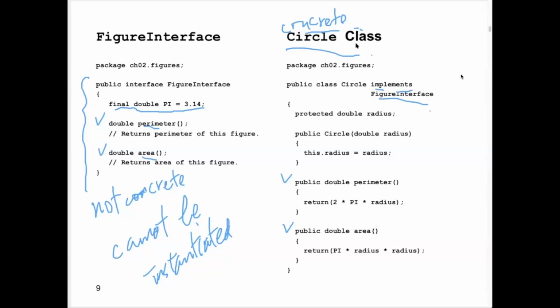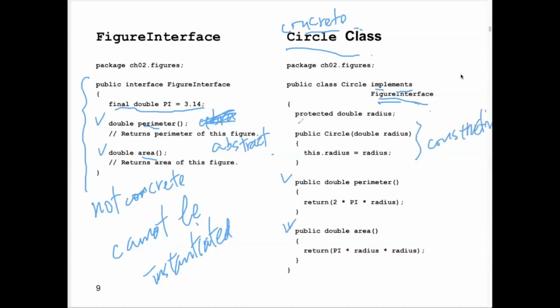The Circle class did not inherit from the figure interface. It simply takes in the figure interface and says, this is abstract, so I have to implement it. And this one is also abstract, I have to implement it. And this is a constructor.